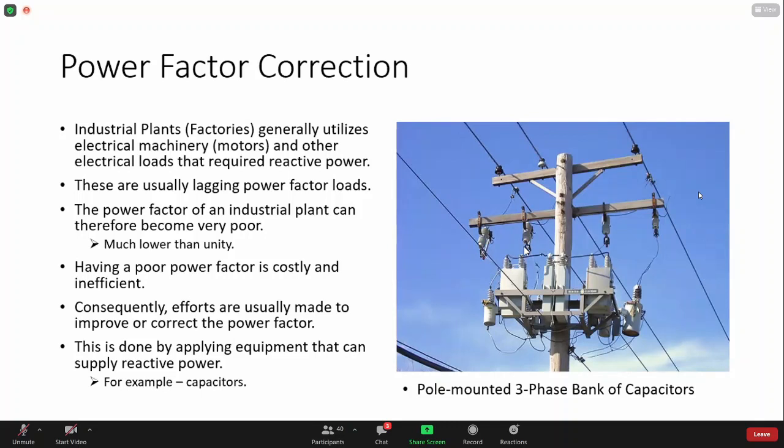All right. Now, why do we need power factor correction? In industrial plants, they usually have a lot of motors and loads that are highly inductive. And because of that, the power factor is usually low and is a lagging power factor, and it can become very poor.